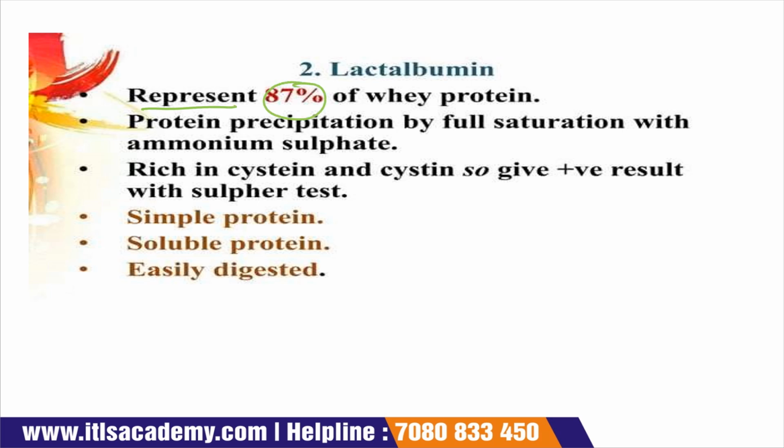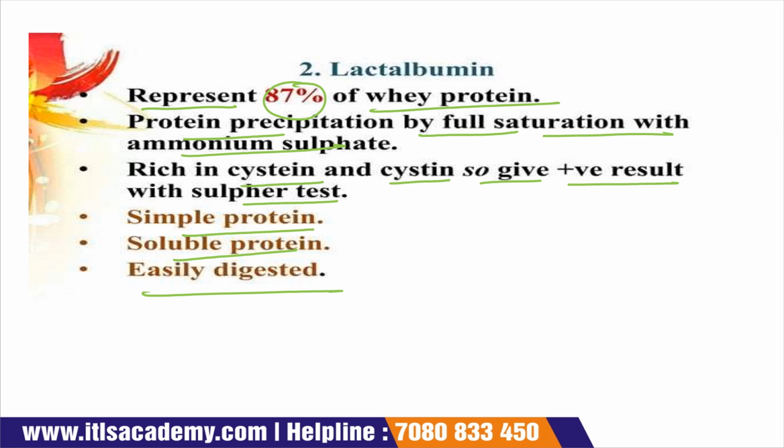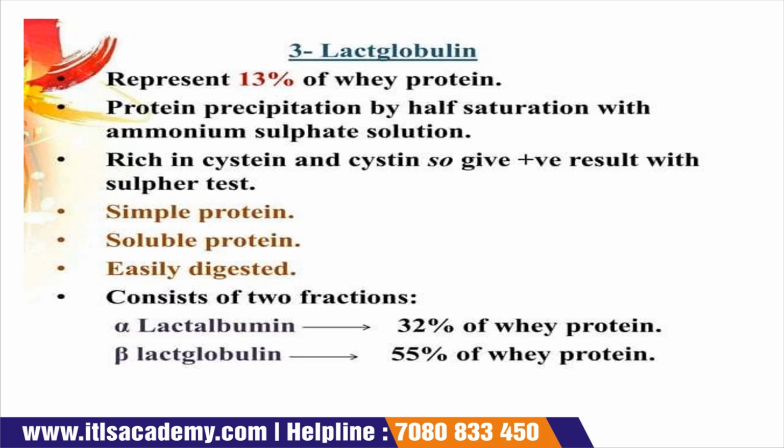Represents 87% of whey protein. Protein precipitated by full saturation with ammonium sulfate, rich in cysteine and cystine, so gives a positive result with sulfur test. Simple protein, soluble protein, and easily digested. Okay, now the next one is your lactoglobulin.